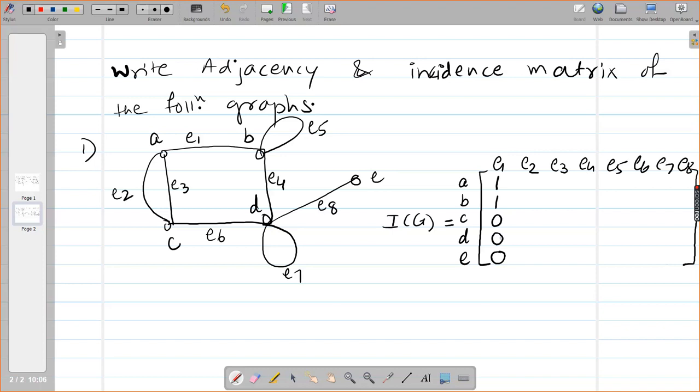If it is not a loop, it will have distinct end vertices. If it is a loop, the end vertices are the same. Is that correct, girls? So in every column, 1 will appear only twice if the edge is not a loop.